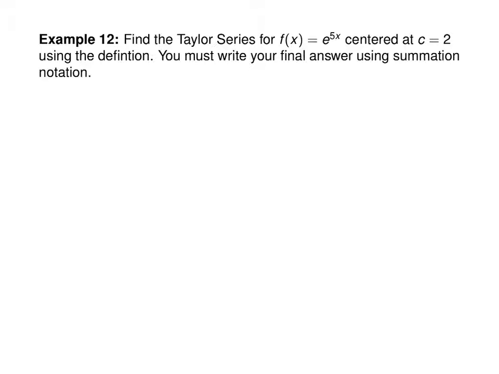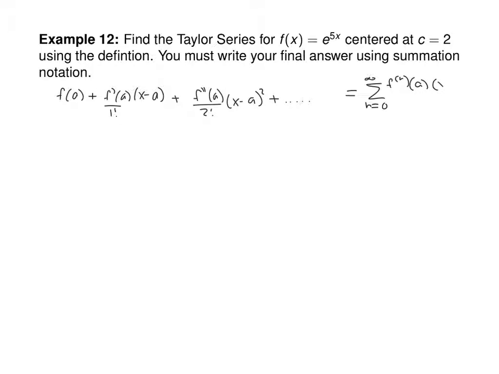And you should also be familiar with how to find Taylor series for functions. So the formula for a general Taylor series is that you take f of a plus the derivative at a times x minus a, technically over 1 factorial but 1 factorial is 1, plus the second derivative at a over 2 factorial x minus a squared, etc. You can think about that as a sum from n equals 0 to infinity, the nth derivative evaluated at a, x minus a to the n over n factorial.